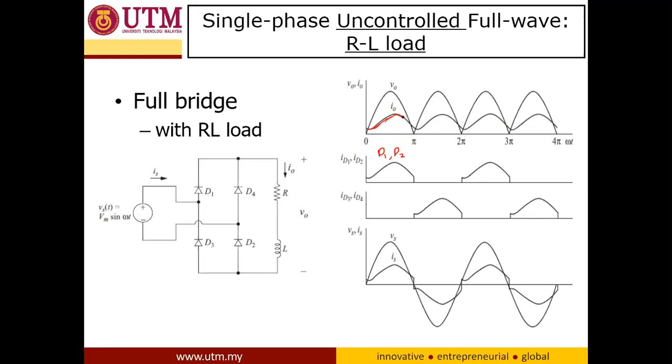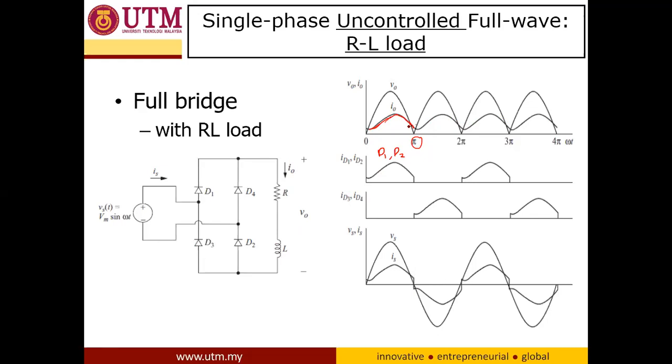Then at pi, where the polarity of the voltage source reverses going into the negative cycle, the inductor will start to discharge.